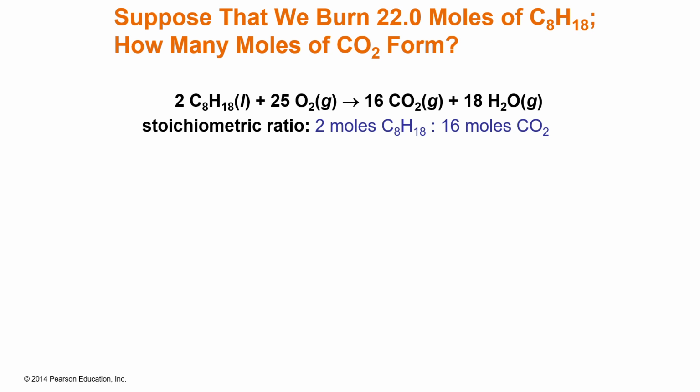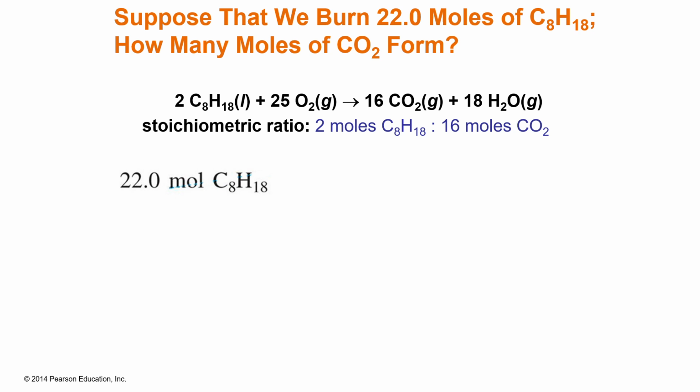We're going to set up our standard dimensional analysis process. We start with what they give us, 22.0 moles of octane. So in our conversion factor, we want to eliminate moles of octane and allow moles of CO2 to remain.